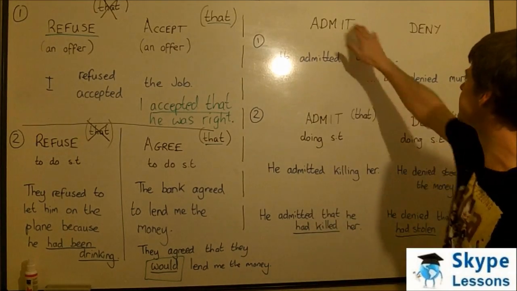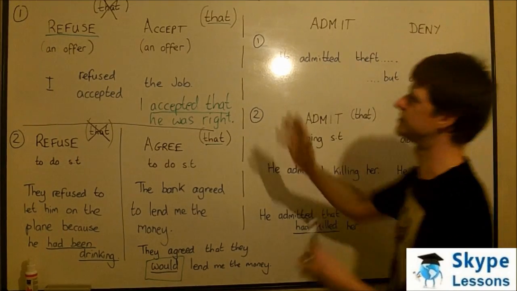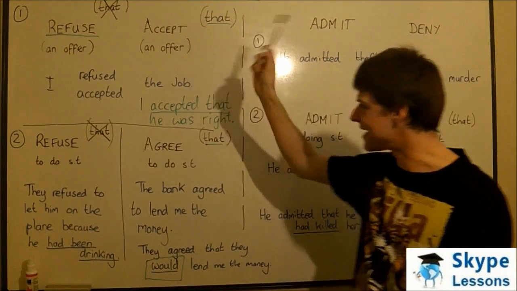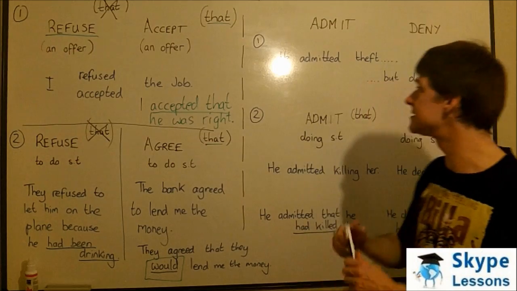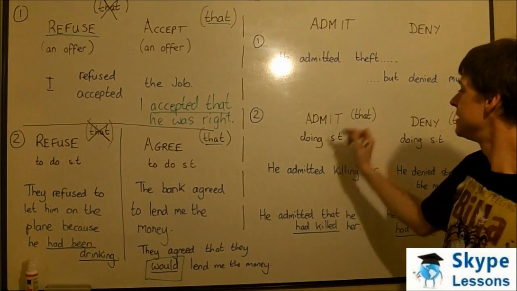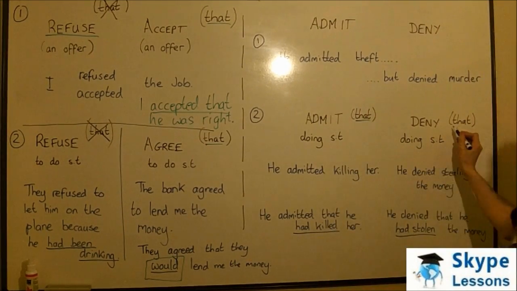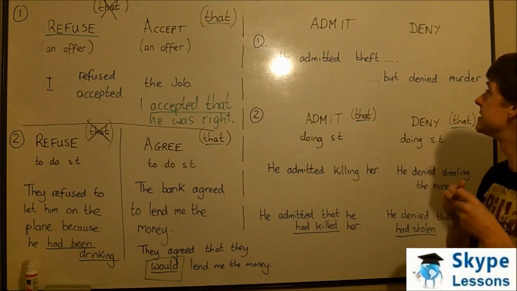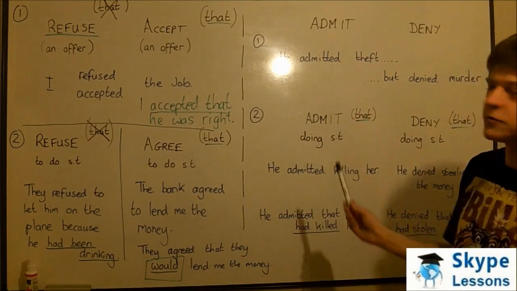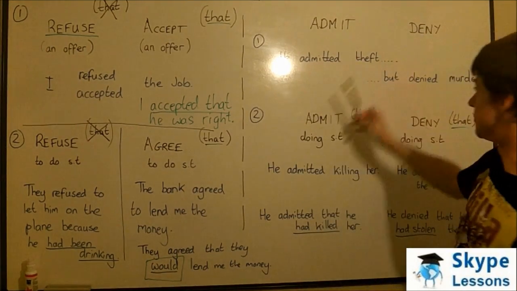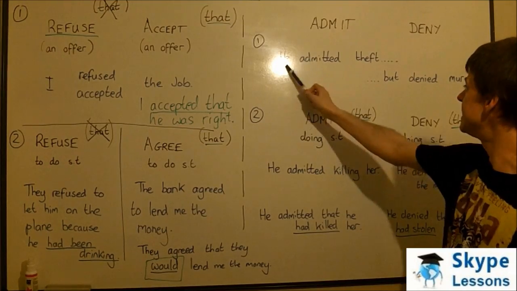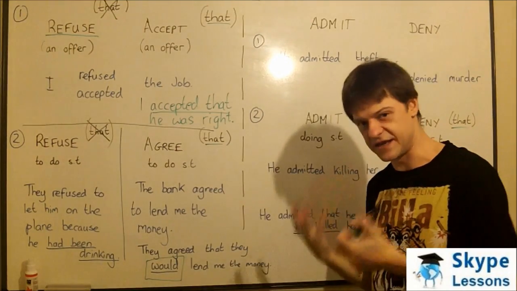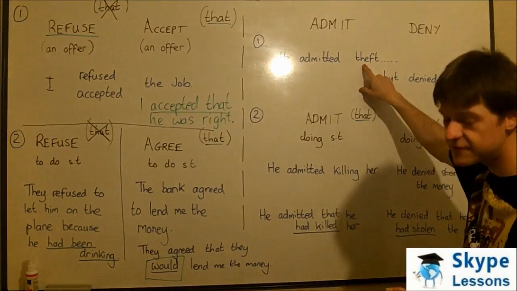But let's now look at admit and deny, because these are different from refuse and accept. Accept can be very similar to admit if it's accept that. I accepted that he was right, I admitted that he was right. So admit can take that, and deny can also take that. They're both possible with that. But first of all, let's talk about the noun after admit and deny. We can use just admit something. He admitted theft. Theft is a crime, the crime of stealing, related to the word thief.